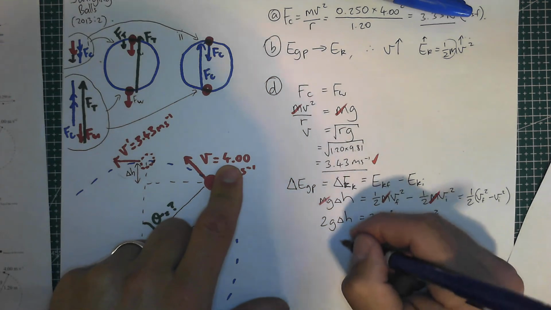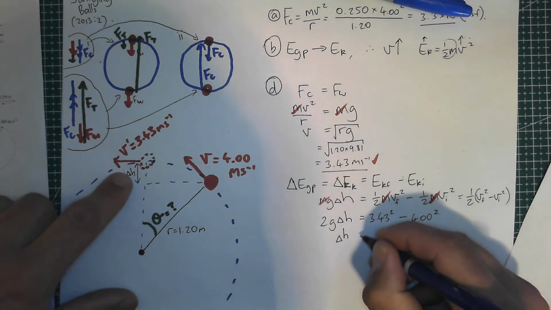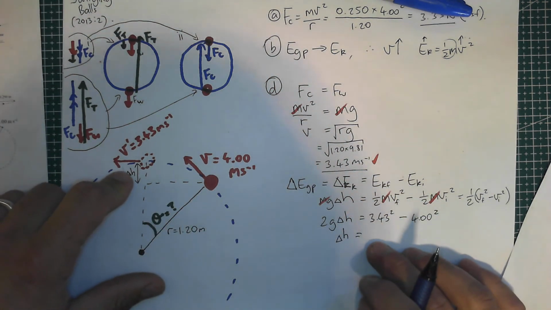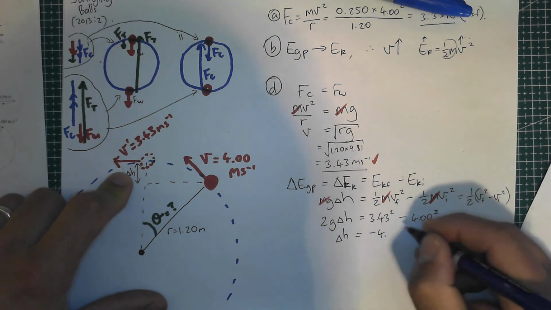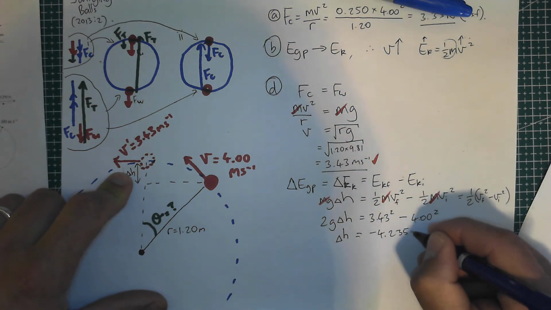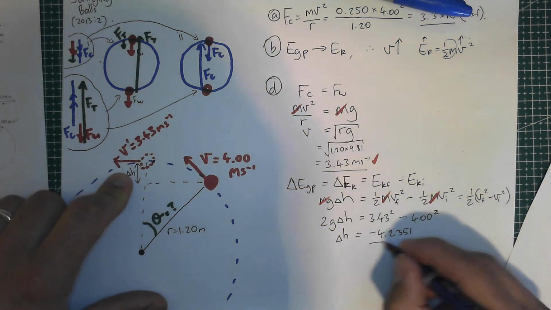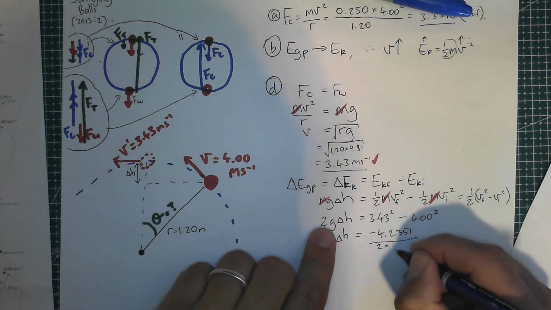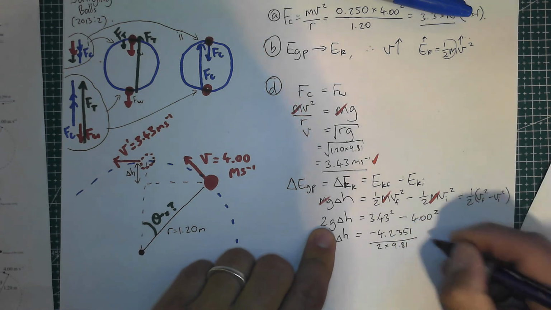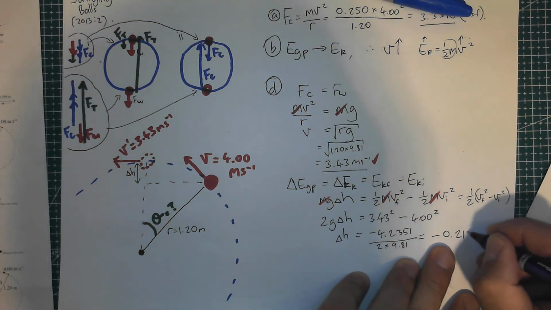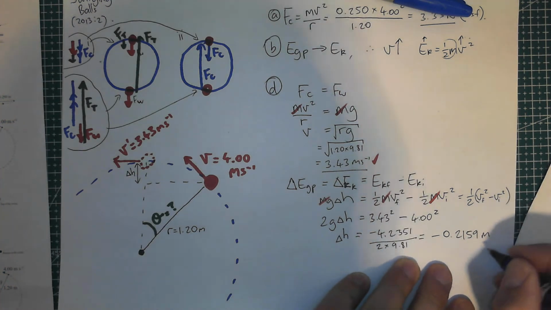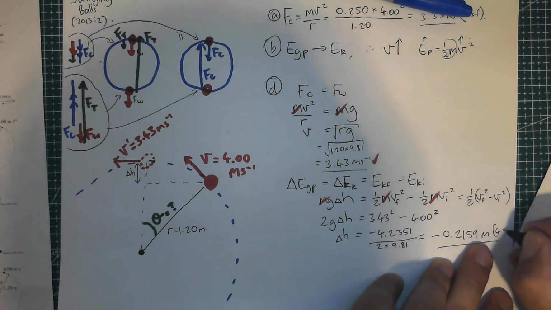Okay, so now I can solve for delta h, which is this height here. And so these come out as negative 4.2351, and that's all divided by 2 times 9.81. And I get a change in height of 0.2159 meters. And that's to 4 significant figures.